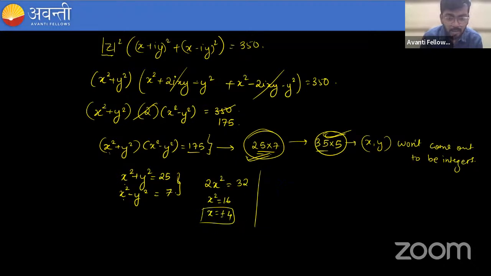And similarly, if x is plus minus 4, then y square will be 16 minus 7, which will be 9. So y value will be plus minus 3.